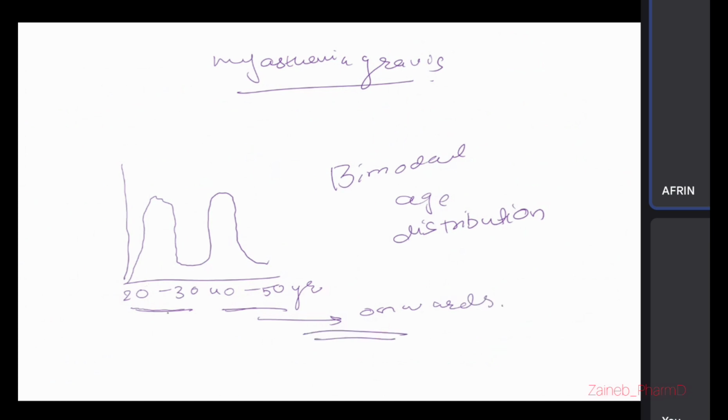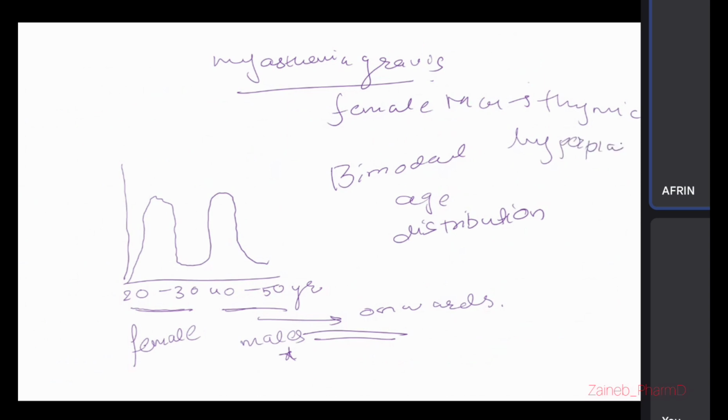Okay. So when the prevalence of myasthenia gravis is higher in younger adulthood, the females are more prevalent, and if it occurs in later adulthood, the males are more prevalent. And these females with myasthenia gravis have the thymus abnormality called thymic hyperplasia.